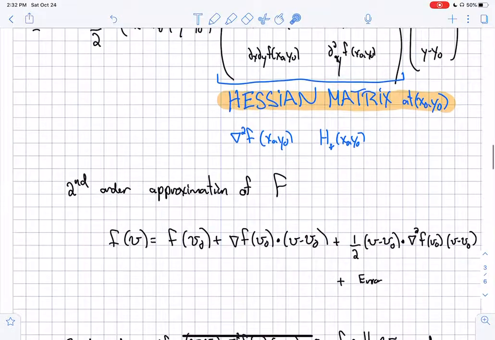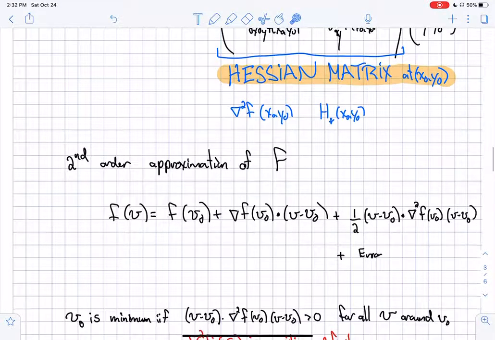So what do I have then for the Taylor expansion at second order of a function f? I have f of v0 plus the gradient at v0 dot product v minus v0, and then what we add is the following: 1/2 the vector v minus v0 doing the dot product with that vector, which is the Hessian matrix times the vector itself.